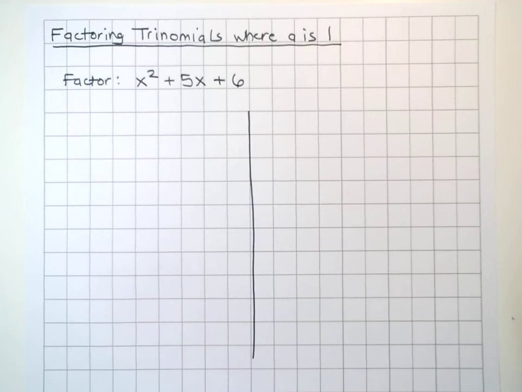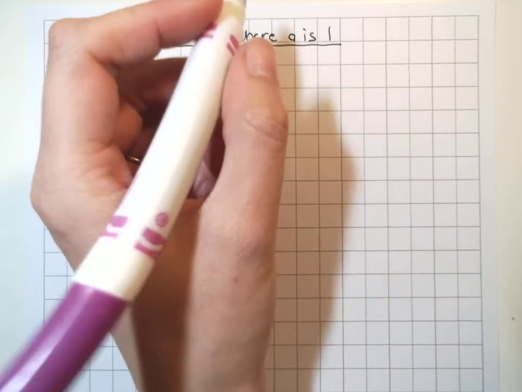Okay, so the first step in factoring a trinomial is we need to draw a 2 by 2 box with a box in the middle.